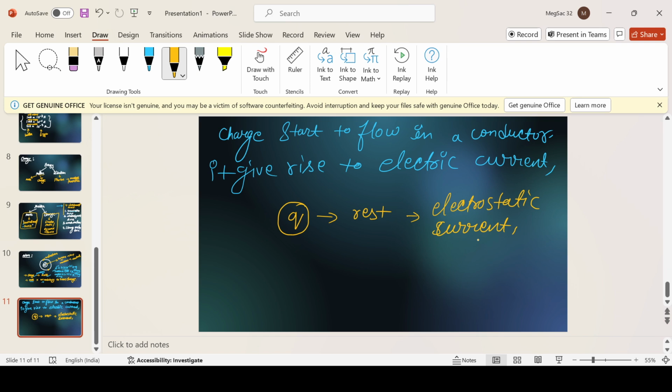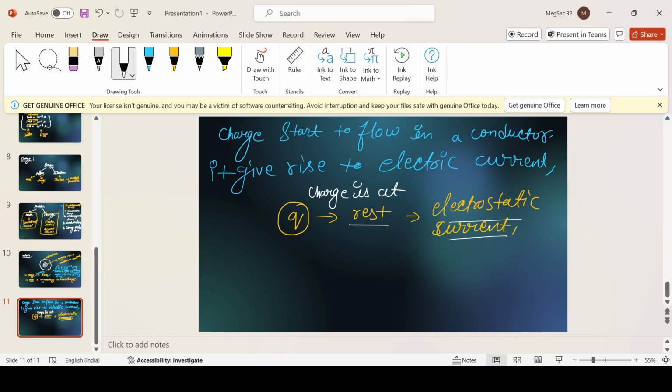Getting my point? So when charge is at rest, you have to just remember, not asking in your paper, but yaad rakhna, when the charge is at rest, it gives rise to electrostatic. But what is the topic name we have? Current electricity.